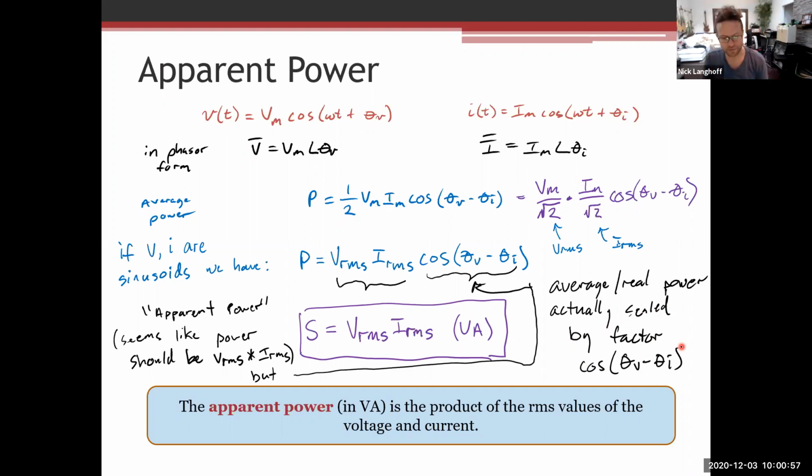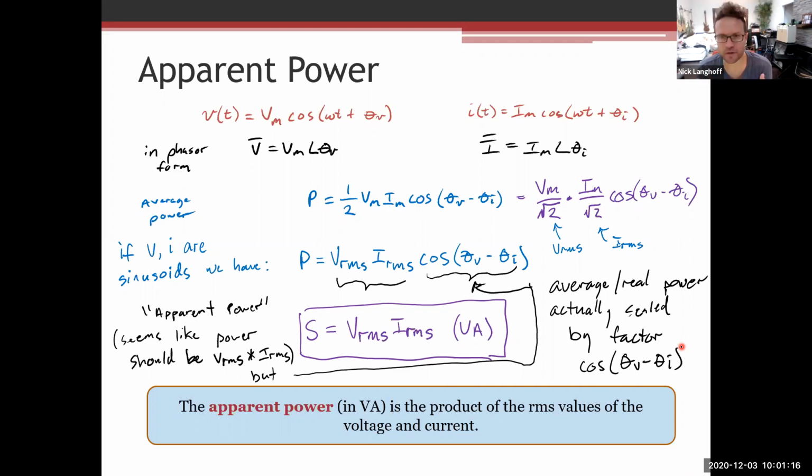We call that factor the power factor, because it relates the apparent power, what we perceive the RMS voltage times the RMS current should give, at least for a resistive load.